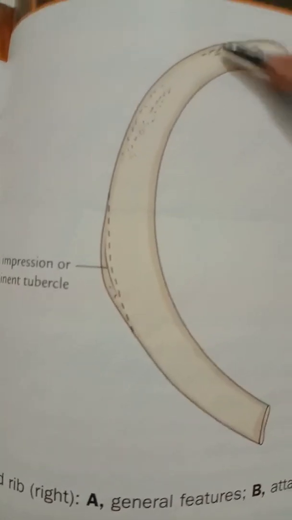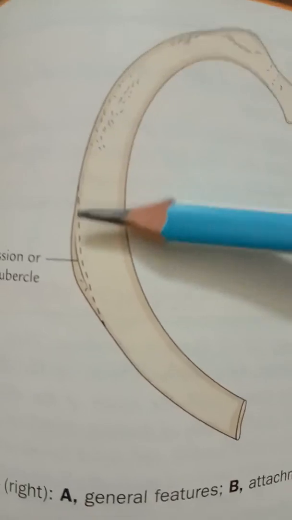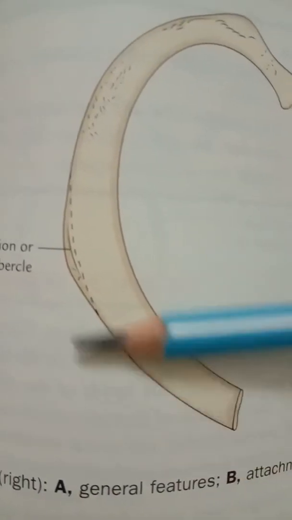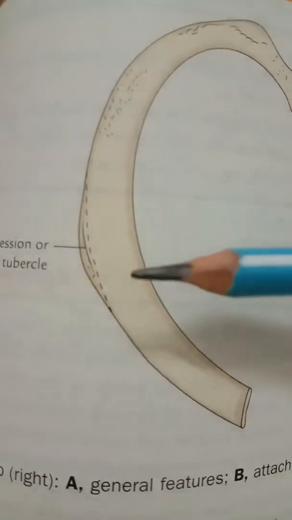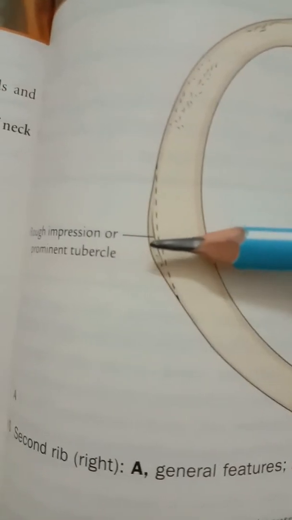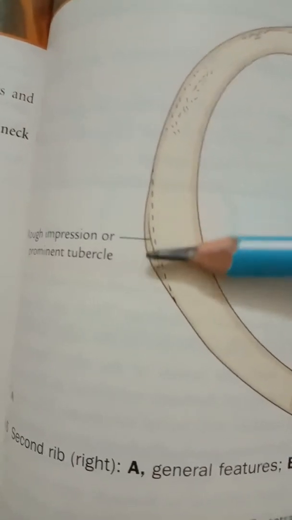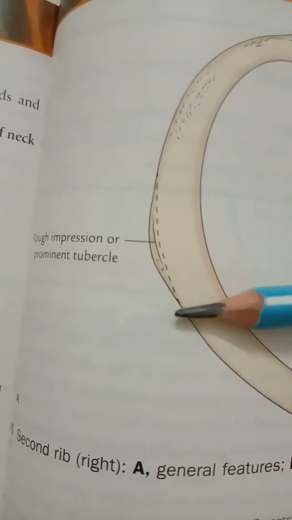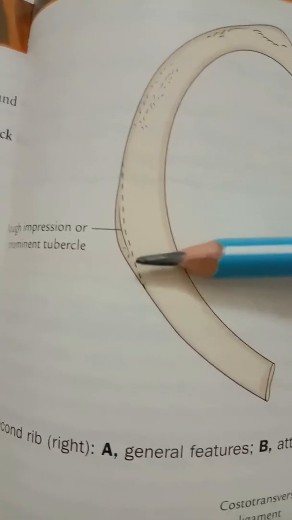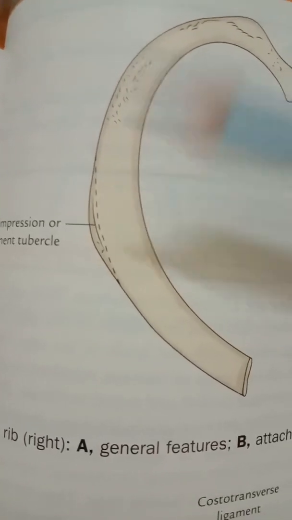The outer surface of the shaft is convex and faces more upwards than outward. Then near its middle, it is marked by a prominent tubercle that is very rough and large. This tubercle is the unique feature of the second rib.